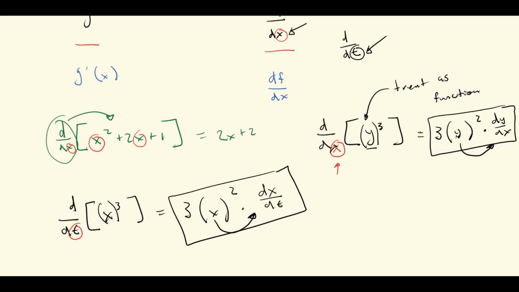Alright, so let's look at an example. Let's say we're asked to take the derivative with respect to x of the tangent of y. Here we see that we have a tangent function, and then inside we have a y, and the independent variable is x, so that means we're going to treat this as a function.